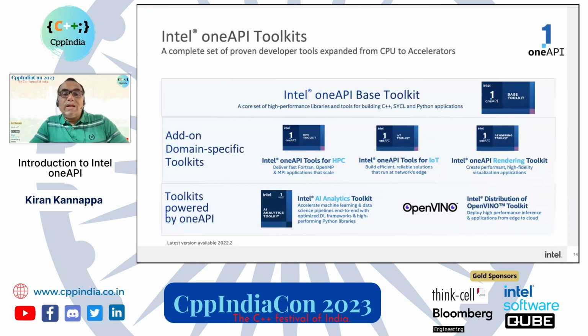The domains that are addressed are HPC, IoT, rendering, AI analytics, and OpenVINO. OpenVINO is also related to the AI analytics toolkit, but it's been packaged separately. So HPC, IoT, rendering, analytics, those are the different toolkits, and then you have the base toolkit.